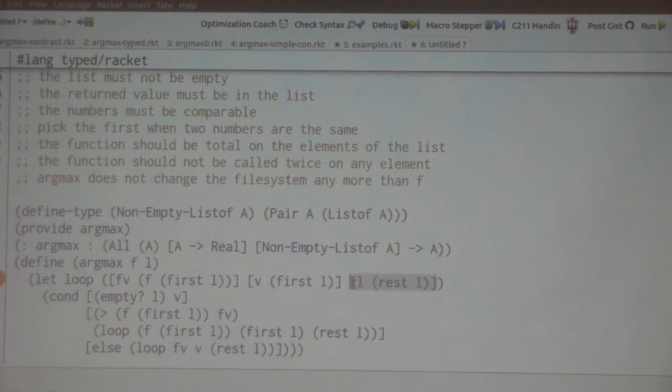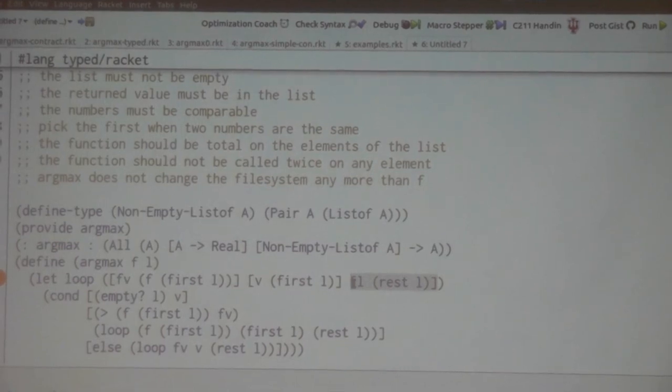And then there's three possibilities remaining. One, we're done. There are no more elements, so V is the biggest thing we wanted to produce. Two, we've got some elements, and this is a new big element. F of this element is even bigger than FV, the biggest one we've seen so far.